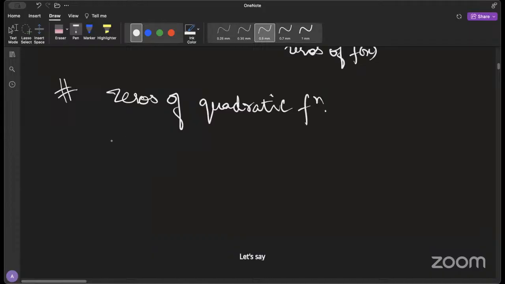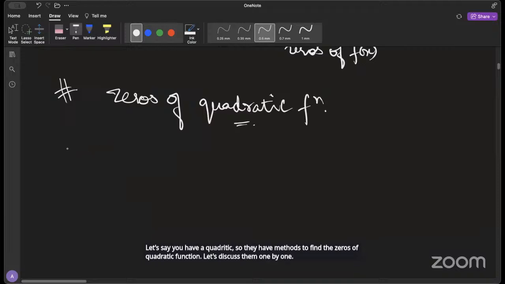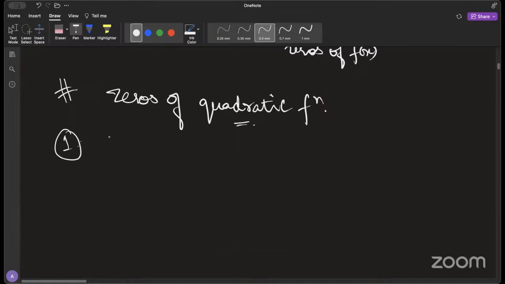Let's say you have a quadratic. There are methods to find the zeros of a quadratic function. Let's discuss them one by one. So the first method is the factoring method.